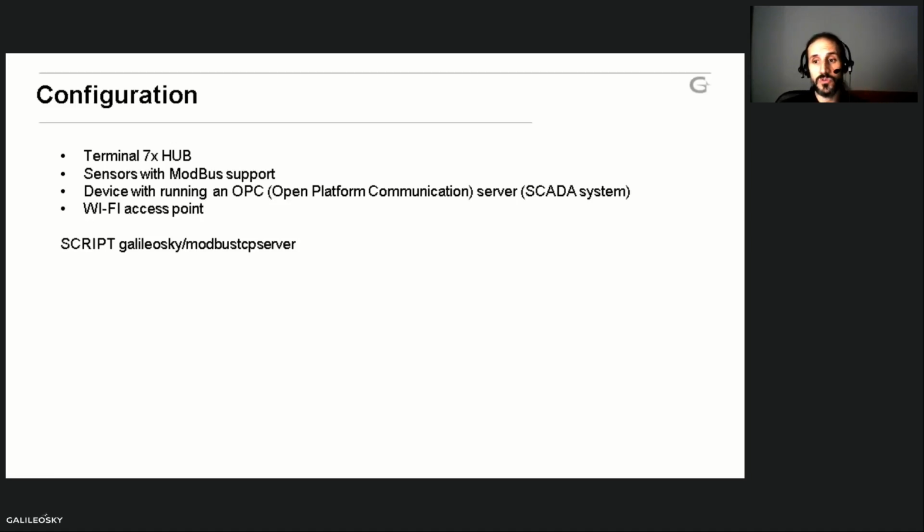After that, you will use the script described here. There are some special things that you must keep in mind. For example, this script is designed to work at a specific speed for RTU communication. By default it works at 19,200 bps.